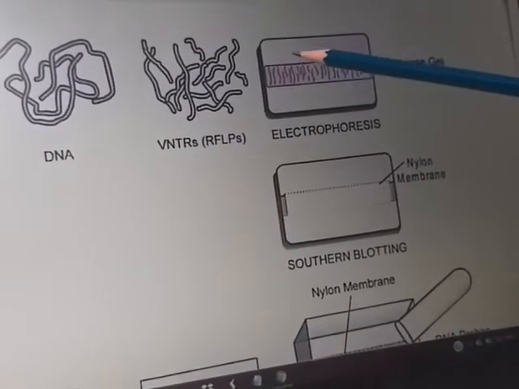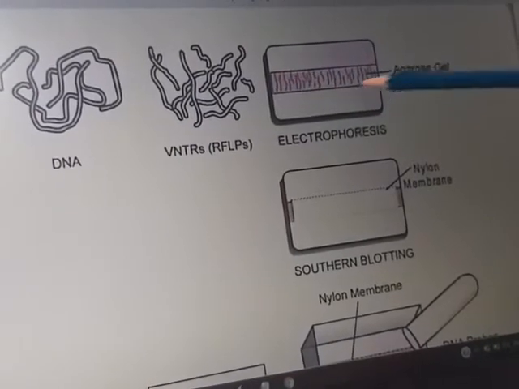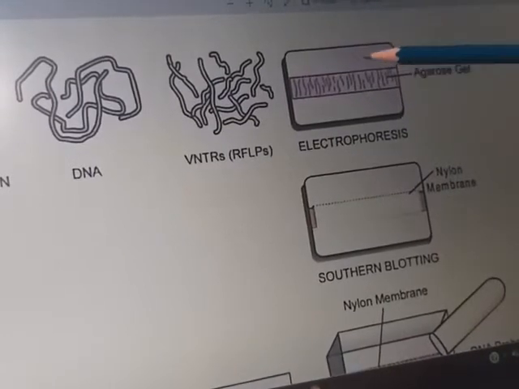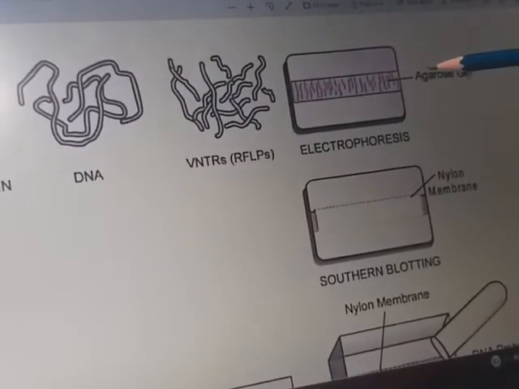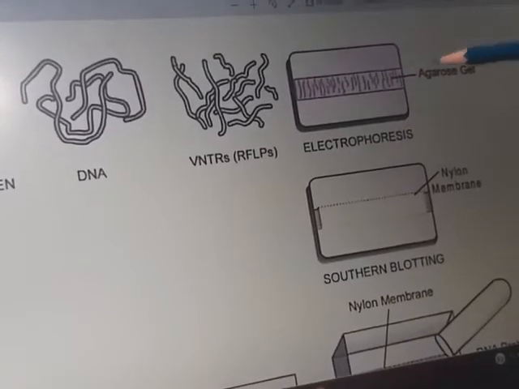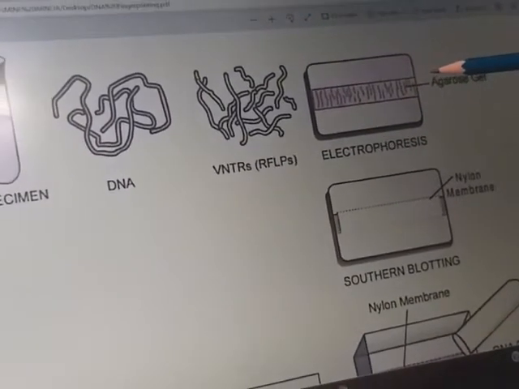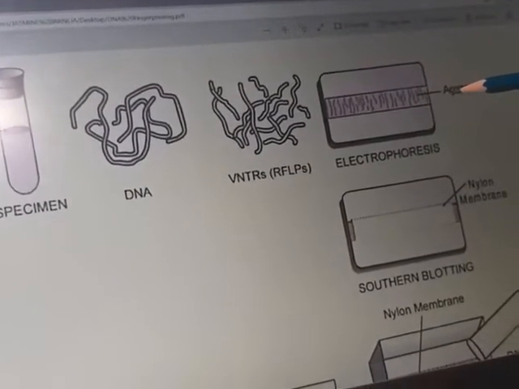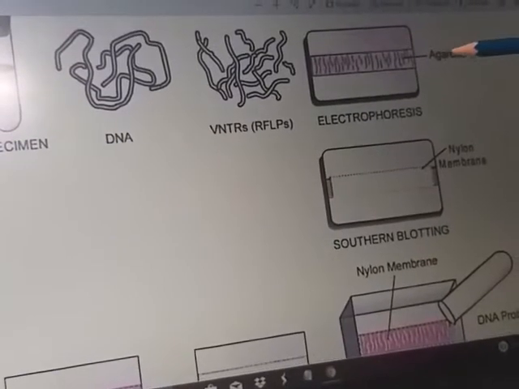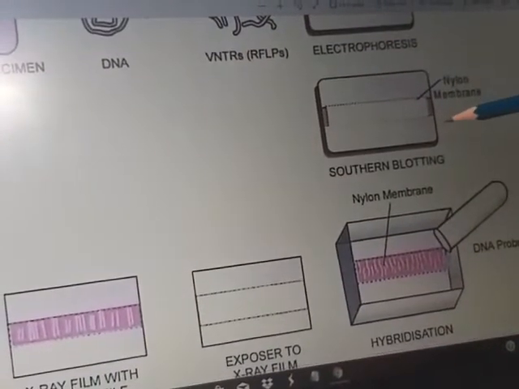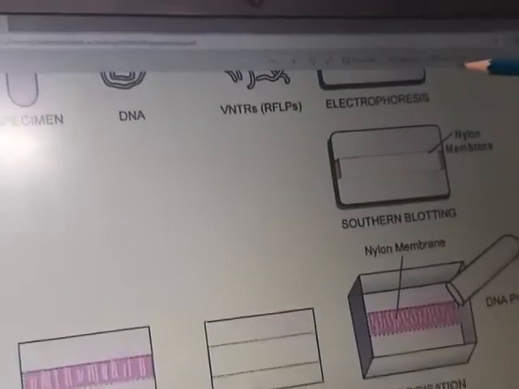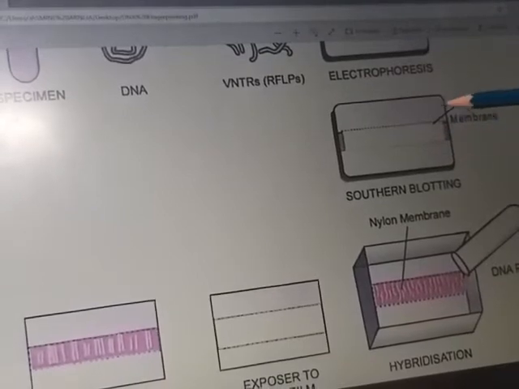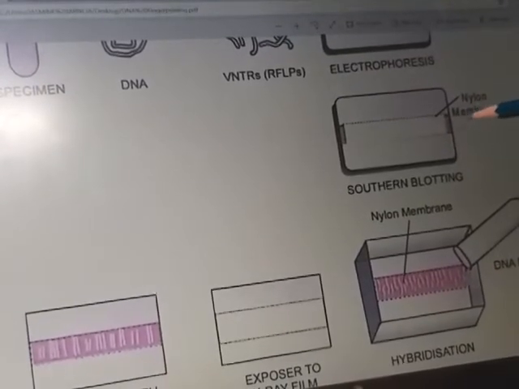In this technique, the fragments which were placed here move towards the positive charge anode, and they get aligned in different regions on the agarose gel, and later on they can be separated. Next is Southern blotting, where those separated fragments of DNA are placed over the nylon membrane or nitrocellulose sheet.